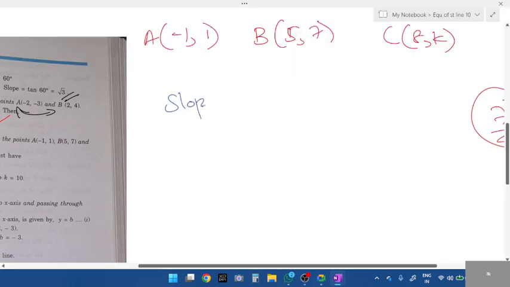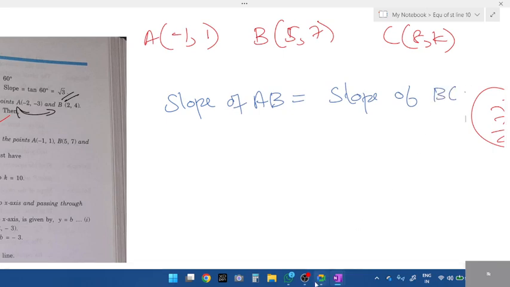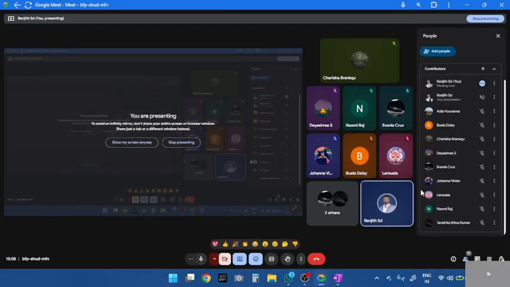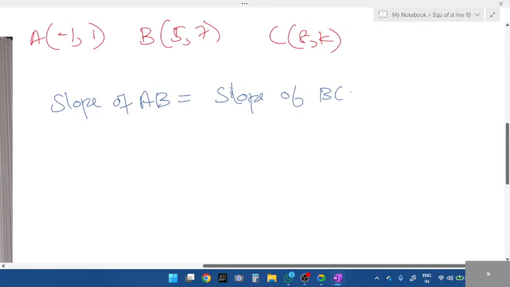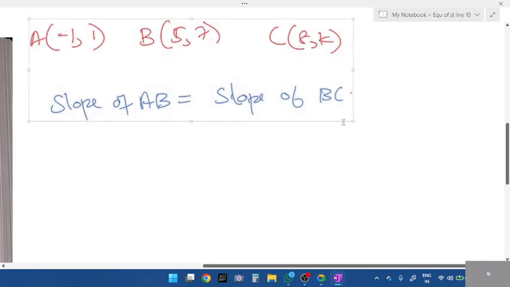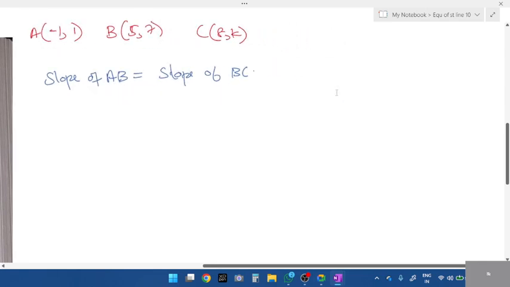Slope of AB should be equal to what? Slope of... How many times do I have to ask? Only 10 minutes. Unmute and respond. Did you understand the concept? Formula: when 3 collinear points are given, slope of AB is equal to slope of BC. This is the formula, students.